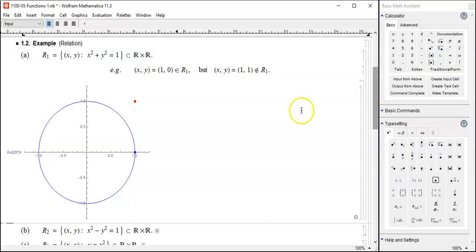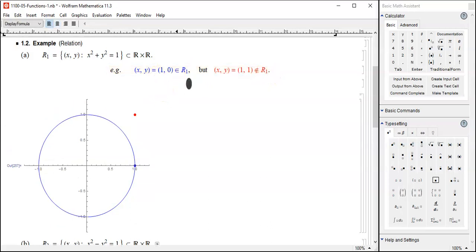And let's see, we have a couple of points here, (x, y) given by (1, 0), and that's this point here. And (x, y) is (1, 1), and that's this red point here. So this blue point is on the blue curve, as you can see. This red point is not on the blue curve. So (1, 0) is in the relation, (1, 1) is not in the relation.